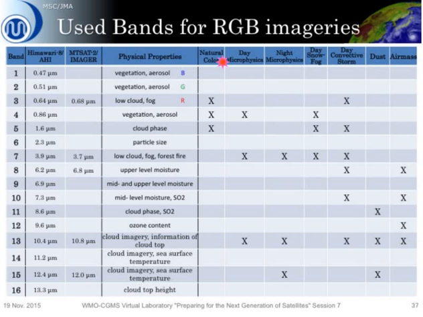Natural color RGB uses bands 3, 4, and 5. Day microphysics uses bands 4, 7, and 13, and so on. In the following, I'll show examples of natural color RGB, dust, and air mass.